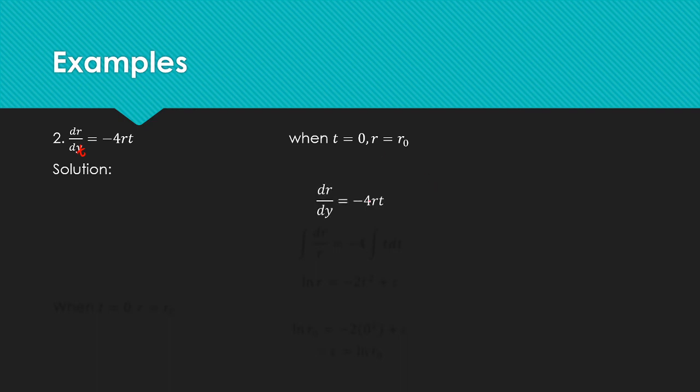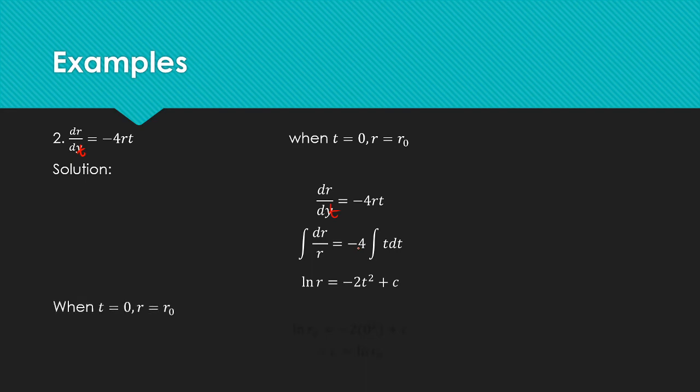So we have dr over dt is equal to negative 4rt. So separate natin yung variables. We will arrive at dr over r is equal to negative 4t dt. Then take the integral. So we will have ln r is equal to negative 2t squared plus c.